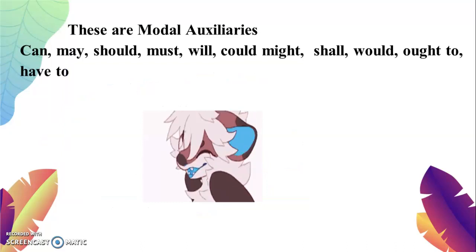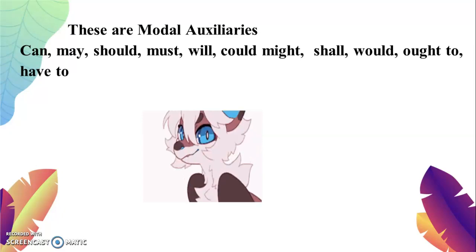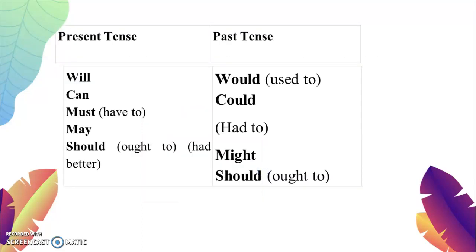Let us look at the modal verbs. These are the modal verbs: can, may, should, must, will, could, might, shall, would, ought to, have to. And we spoke earlier about modal verbs not using S for the singular third person. Let us look at what is displayed here for the present and the past tense.